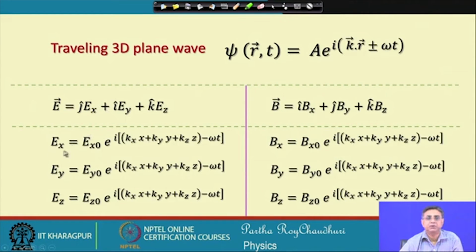But each of the components E x, E y and E z will satisfy the plane wave solution. So, I can write this equation in this form. For E y I can write in this form, and similarly for E z I can write this form, and for B x, B y, B z I also get these expressions.